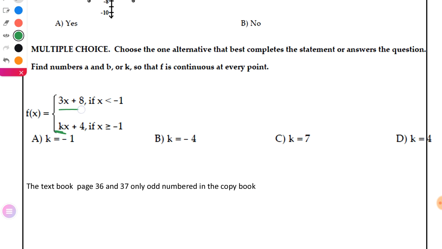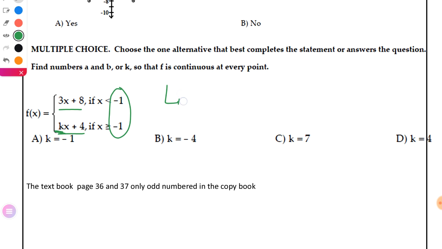This means this function is continuous on all of the real numbers. So I'll use the definition of continuity at this point, -1. That is my mechanism. This means this function is continuous also at -1. What is the condition at which this function is continuous?